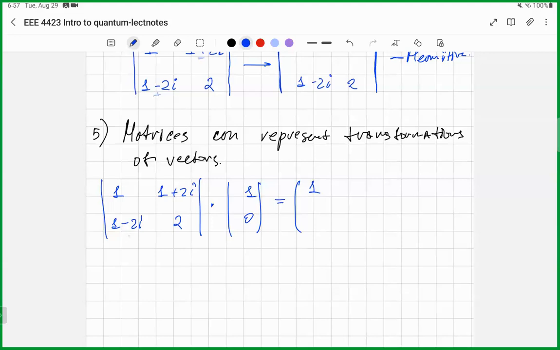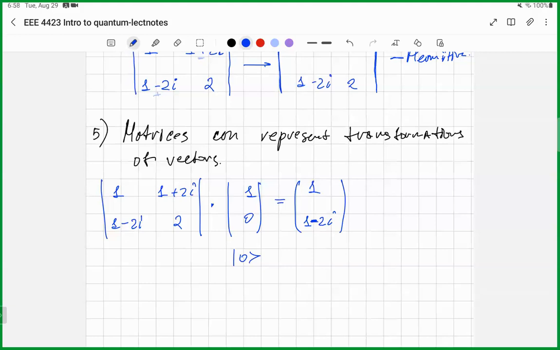For the second component, 1 minus 2i times 1 is 1 minus 2i, and 2 times 0 is 0. So this is the new vector, 1 and 1 minus 2i. In other words, we had a vector, we multiplied this vector by a matrix, and we obtained another vector.